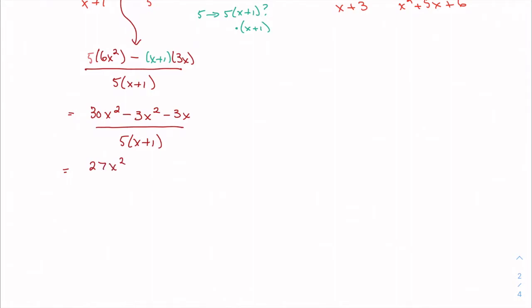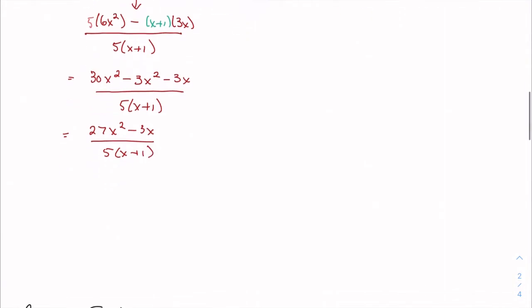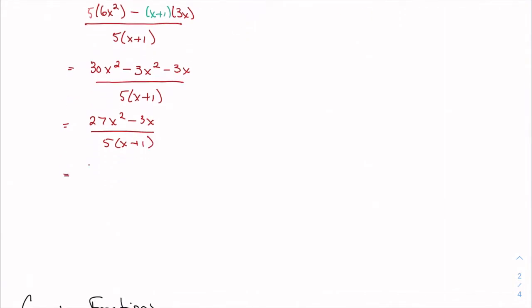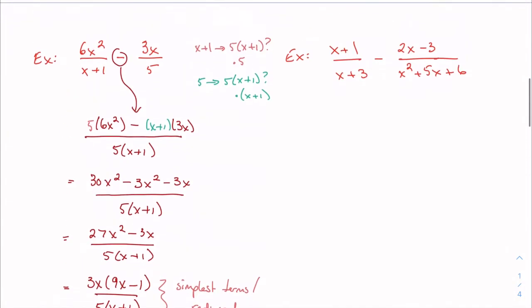I get 27x squared minus 3x over 5 times x plus 1. Let's just see if this simplifies. There's a 3x in common in the numerator. I'm left with 9x minus 1. Right, so there's nothing in common. This is kind of our simplest terms, or just fully reduced. I've checked to see if there's anything I can factor. Obviously there's nothing, so we're good to go.